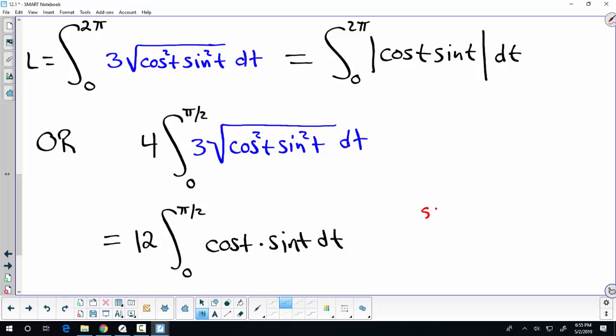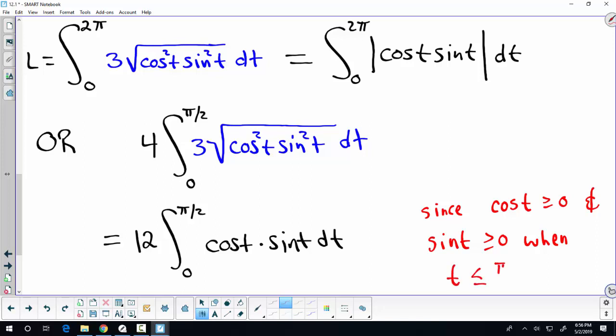We'll write here, since cosine of t is larger than or equal to 0 and sine of t is larger than or equal to 0 when t is in between 0 and pi over 2, we don't need absolute value there.